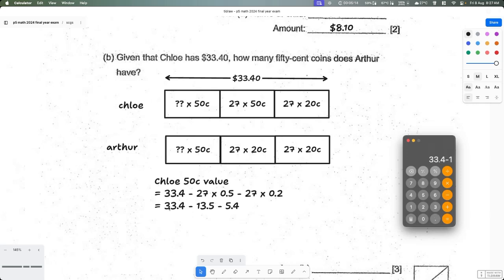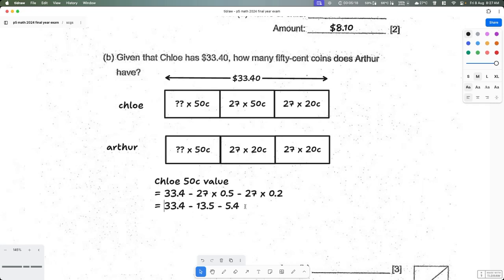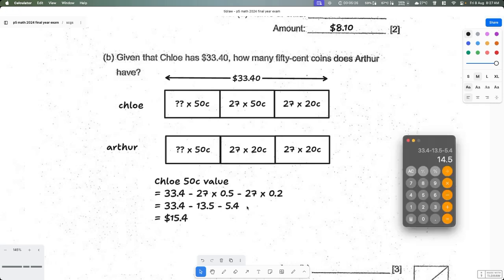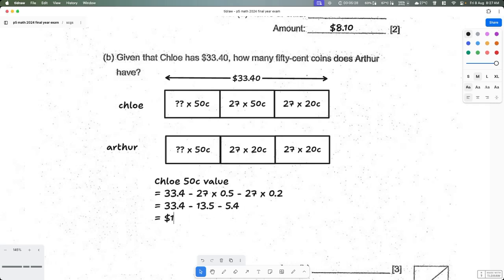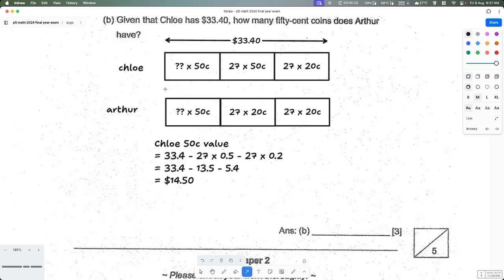33.4 minus 13.5 minus 5.4. This will give us $15.40, right? Is it, or $14.50? Sorry, $14.50. Okay, so then we know that this over here is $14.50.